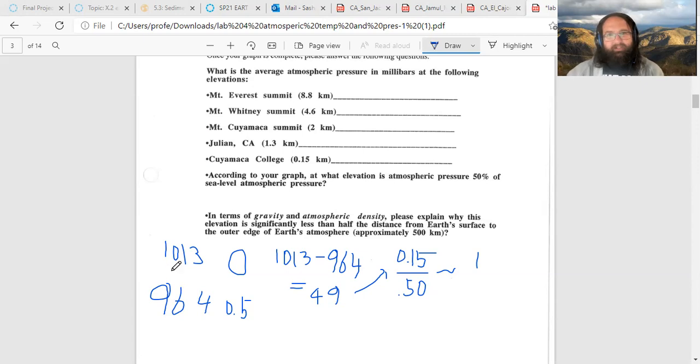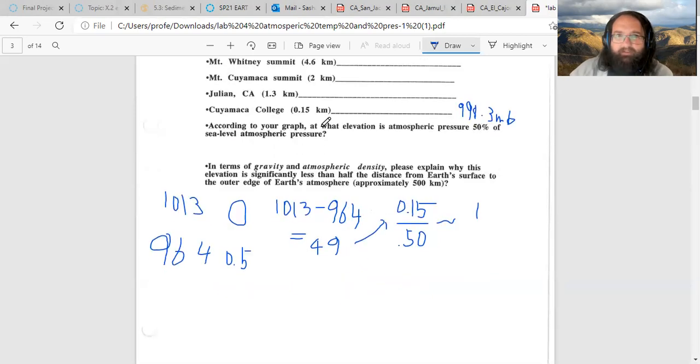So what you're simply going to do here is take 14.7 away from this, and you're going to be getting about 998.3 millibars. So now you see me do that. I'm going to assume you know how to do that, but if it gets to be difficult, let me know. And you can see there's actually a couple other places where you might have to do a little bit of interpolation as well.